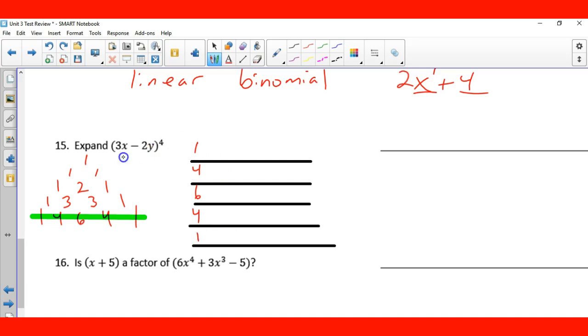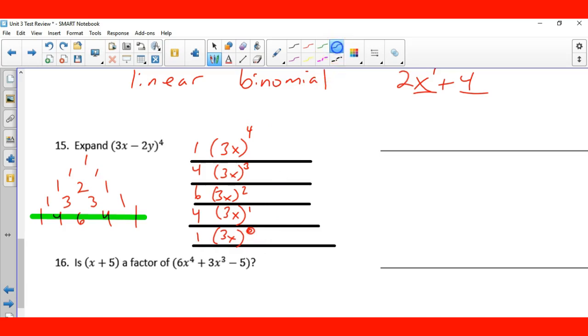Now I write my first term, 3x, like so. Since the degree is 4, we're going to go 4, 3, 2, 1, 0. 0, not 6, it looks like a 6.